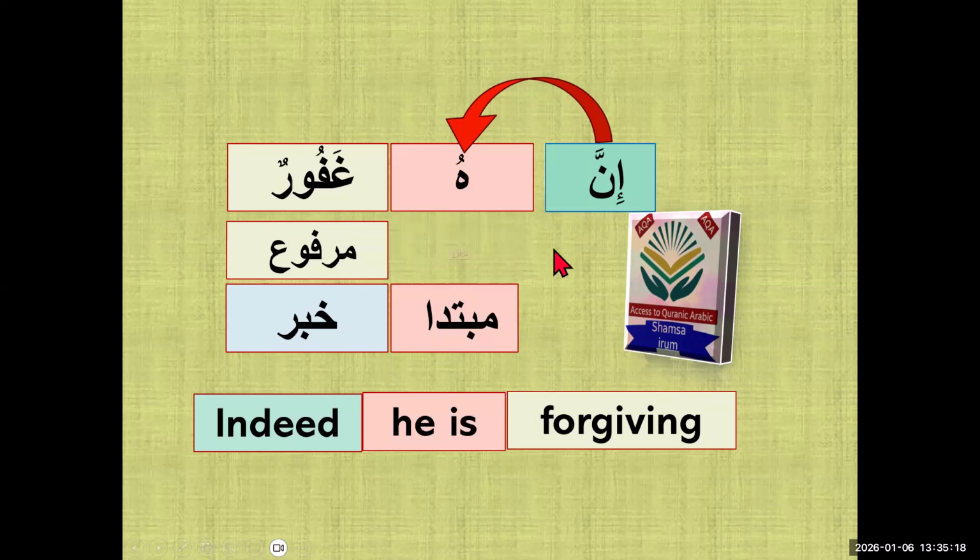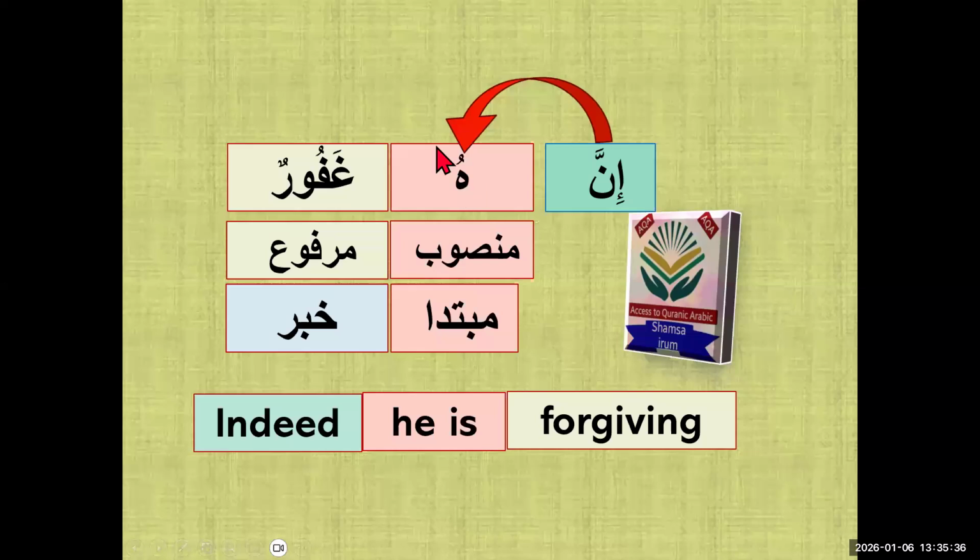So this marfu drops and the mansoob zamir comes here. This hu zamir can be used as majroor, or it can be used as mansoob. At this point, hu is used as mansoob because it is attached with inna. At the moment it's not attached, because I put it in a separate box, but it will be attached. I will show in the next slide, inshallah ta'ala.